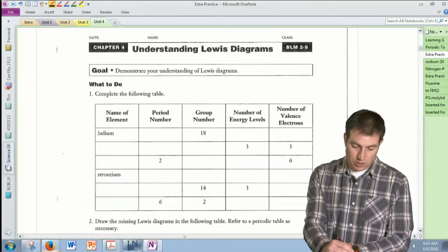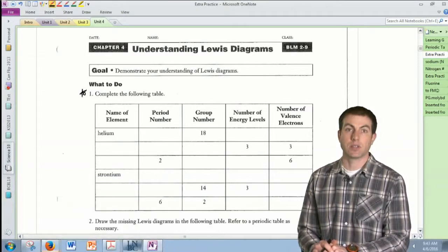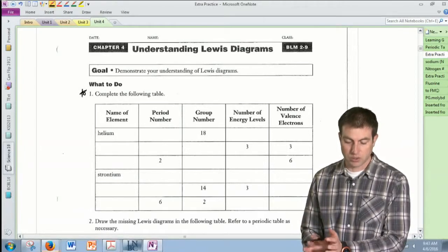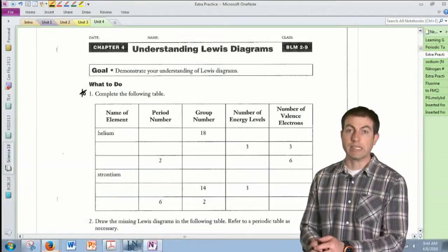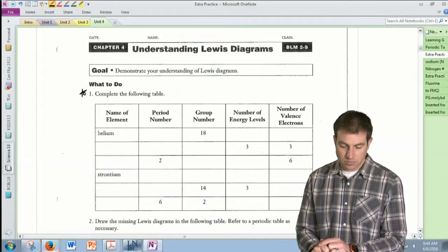I would strongly recommend you do number 1. This is a great chart that has lots of fundamental questions about periods, groups, energy levels, and valence electrons. It brings everything together at a really basic level.